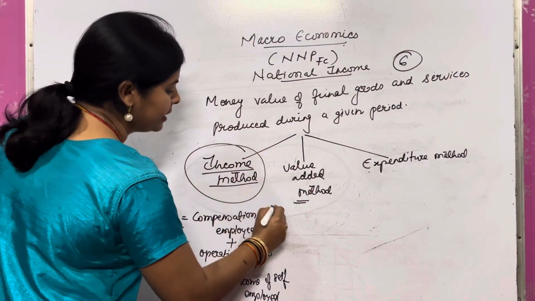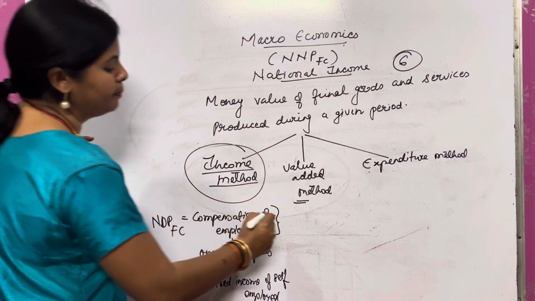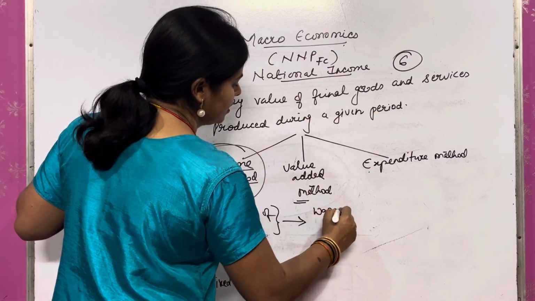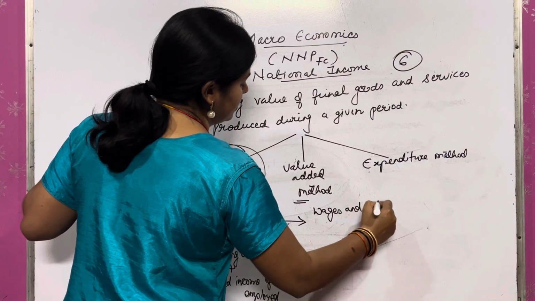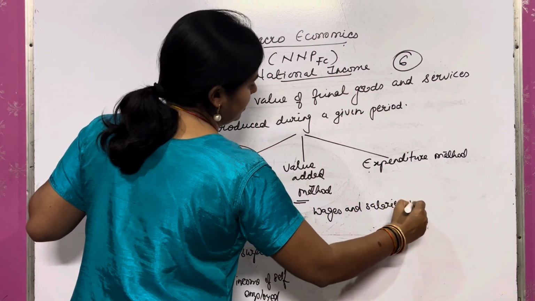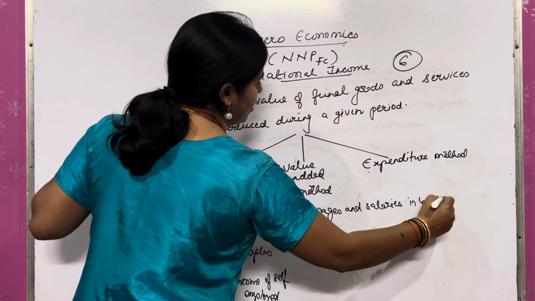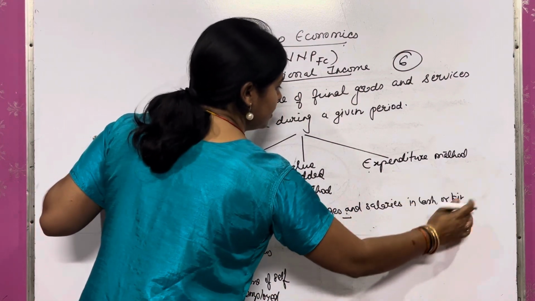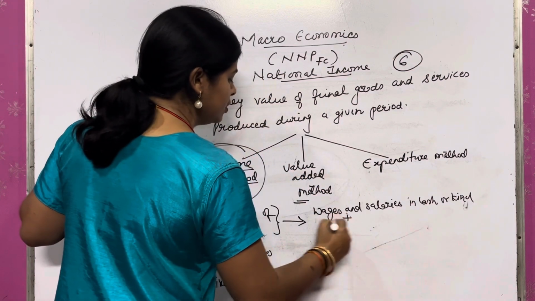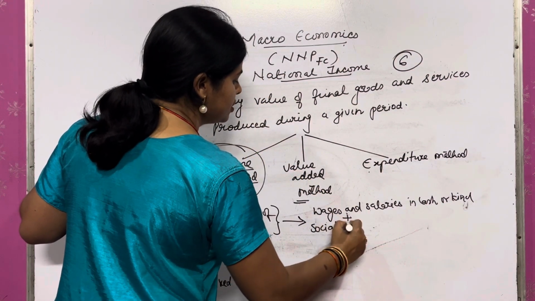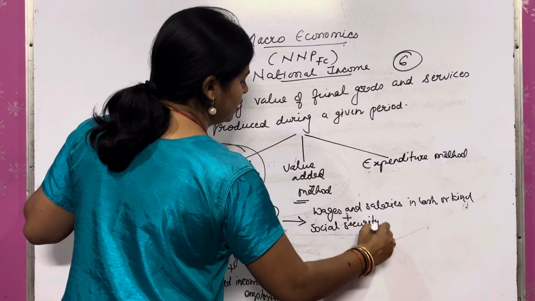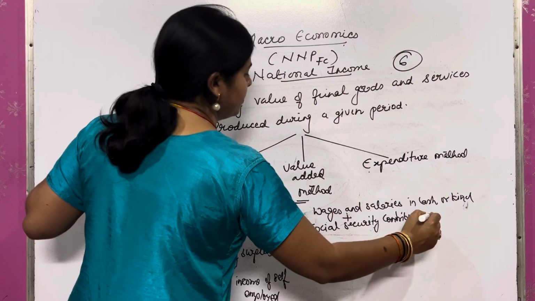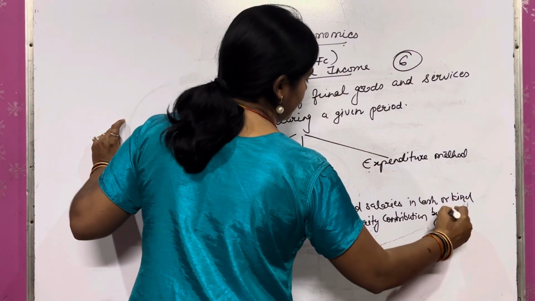What are the items that come under the compensation of employees? That is wages and salaries in cash or kind, plus social security contribution by employer.